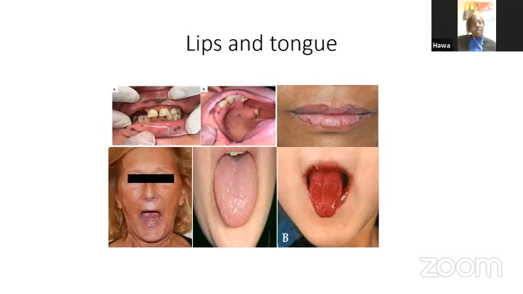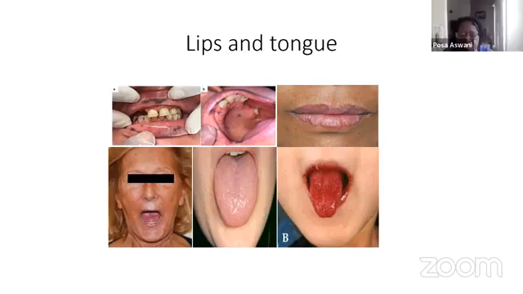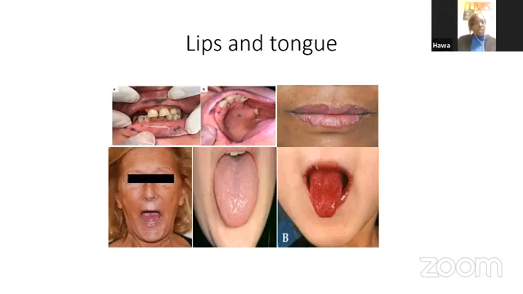Well, systemically, most of the time, patients with anemias present like this. And also, in addition, they usually have cracks at the edges of the lips. Then they also have the tongue. Now these tongues, there's a red one. Let me assume that this one down here, the one labeled B. It's beefy red.